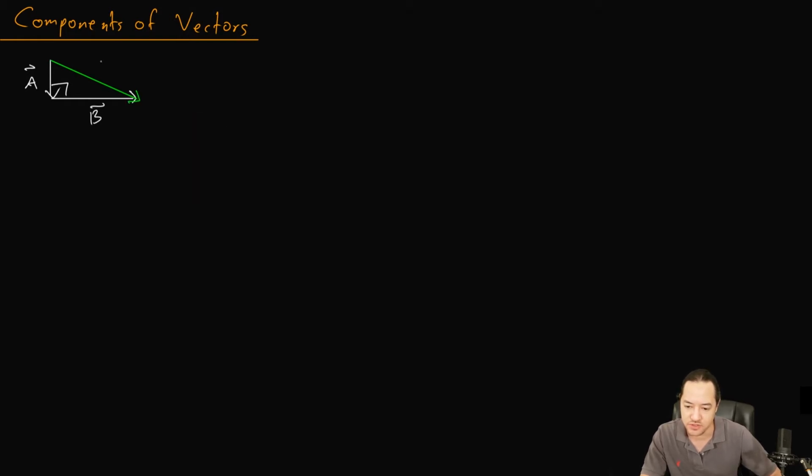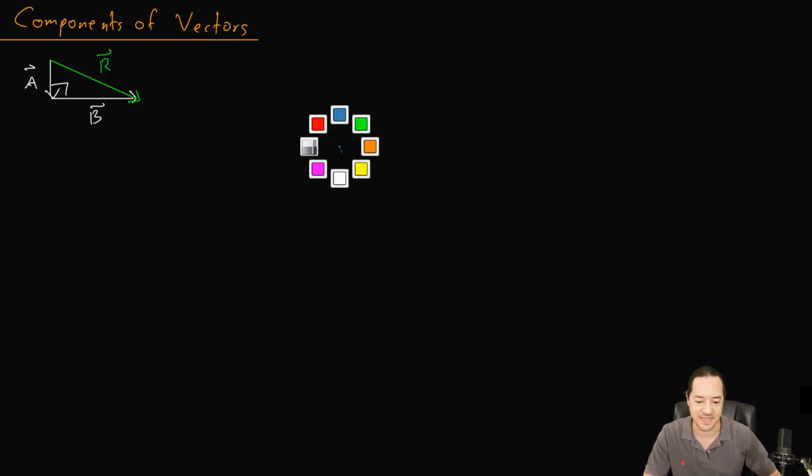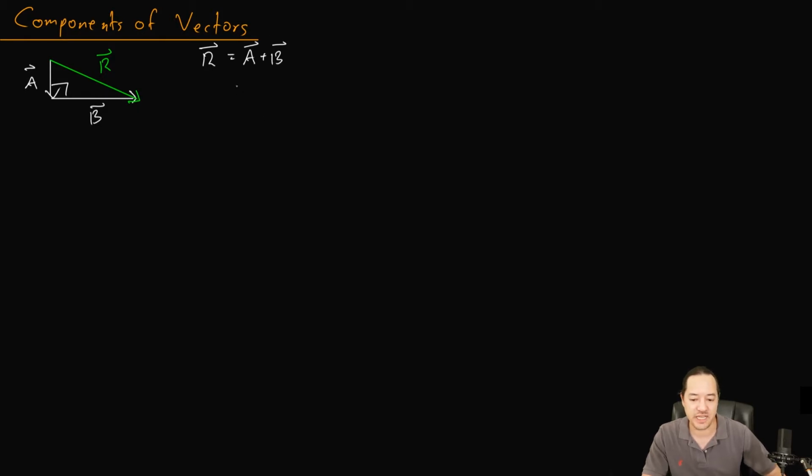So this resultant we'll call R. And because these are right angle vectors, we're actually able to directly compute certain values about R. We no longer have to resort to a measuring tape and measuring experimentally the length or the angle with a protractor, right? So the idea here is that R is equal to A plus B. And we're actually able to get the magnitude of R by calculating it directly.